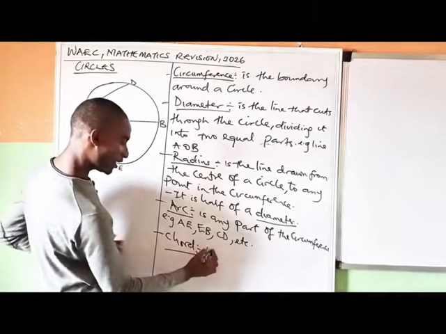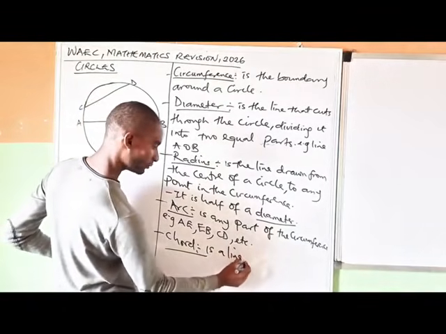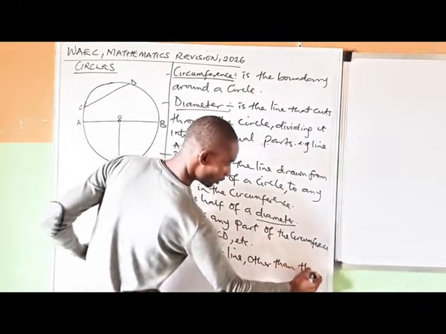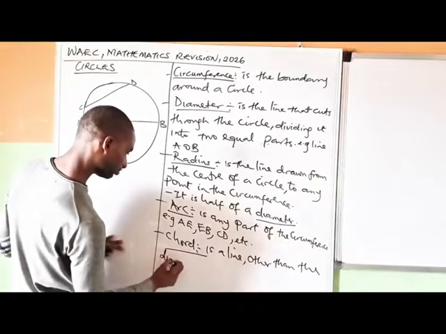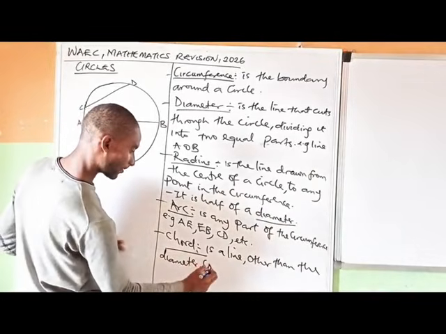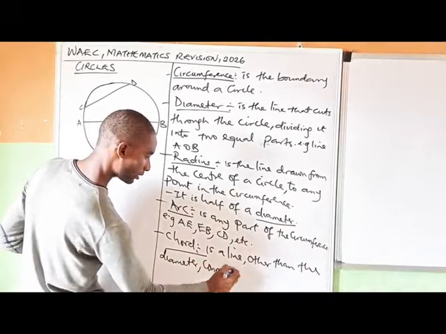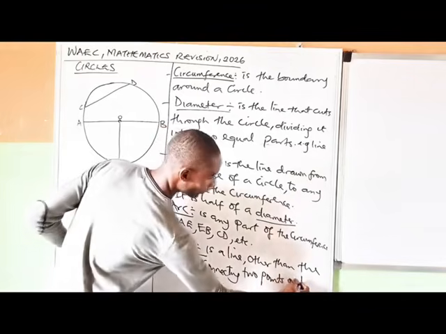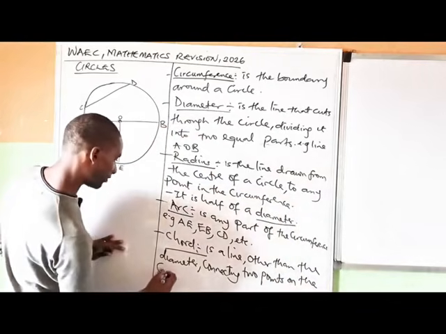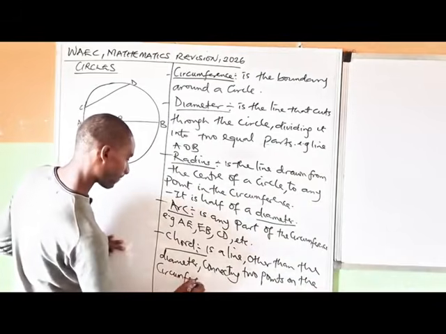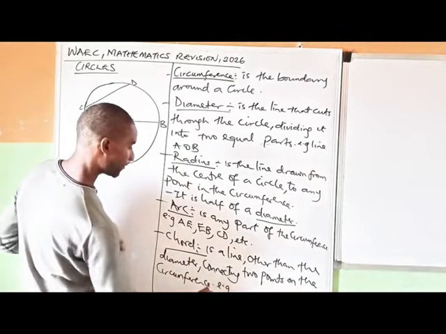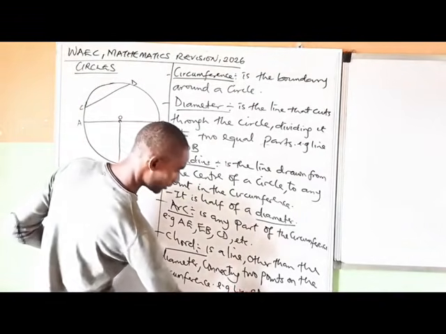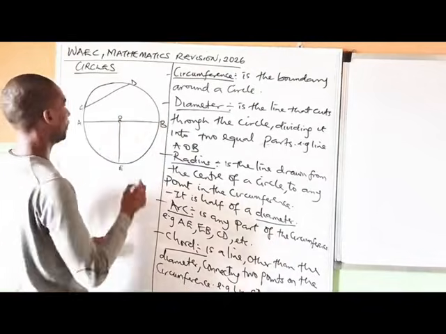So the chord is a line other than the diameter connecting or joining two points on the circumference, e.g. line CD is a chord.